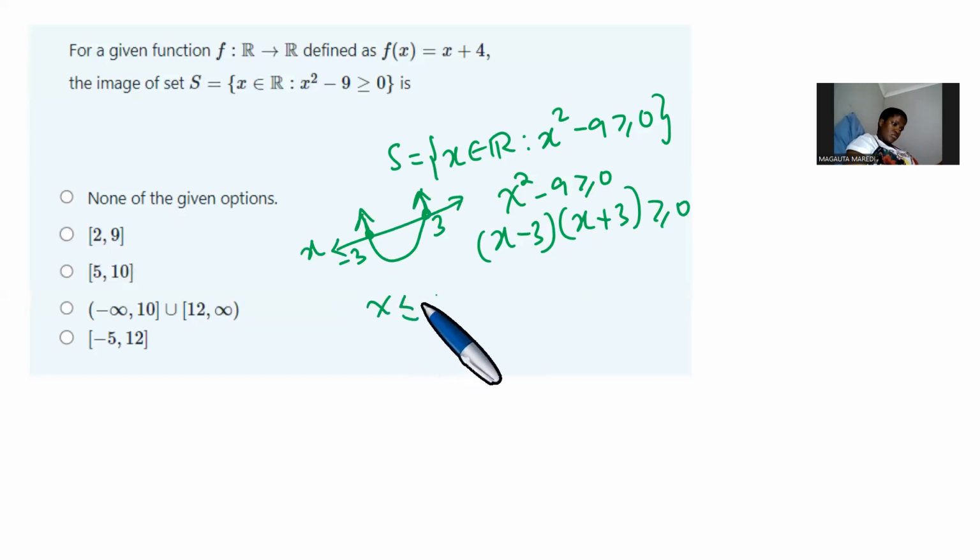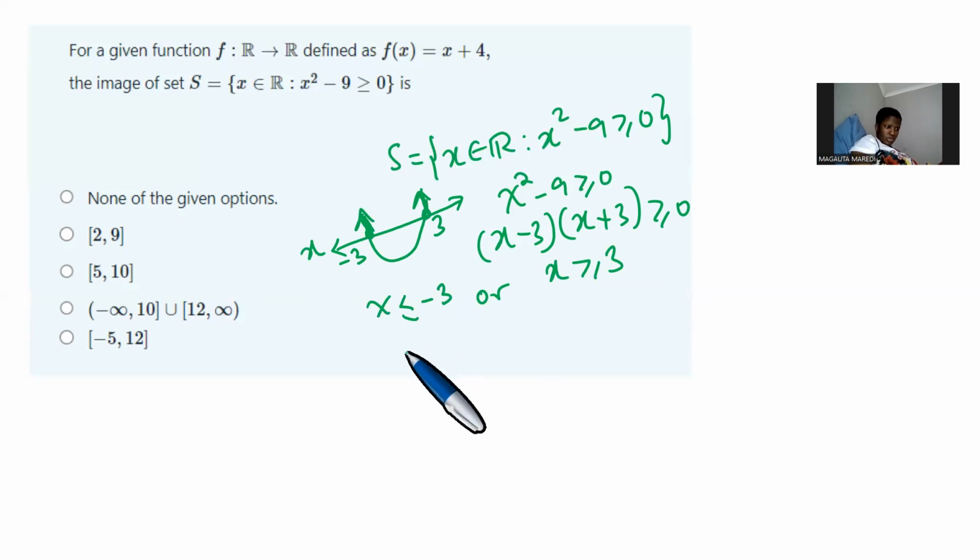And we can say x is less or equal to minus 3, because if we were to go above the x-axis, above 0, we are migrating towards minus 3, or obviously we're saying this quadratic is greater than 0, so we are above there, which means x is bigger or equal to 3.